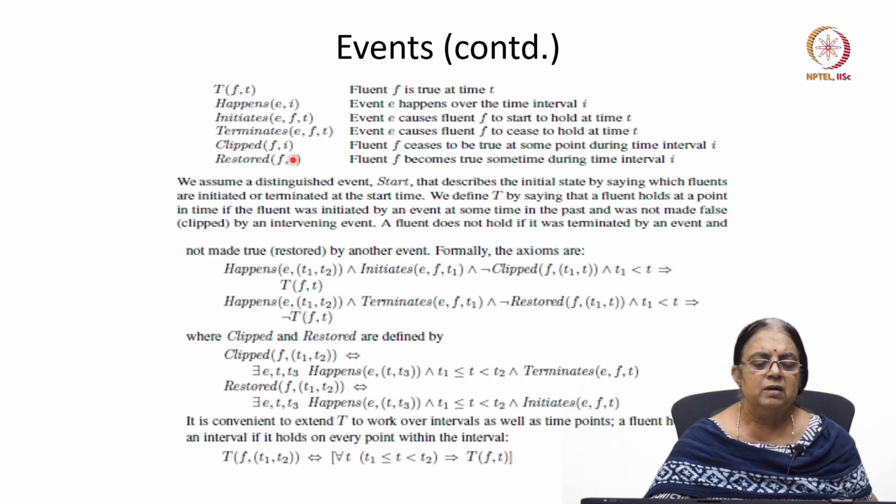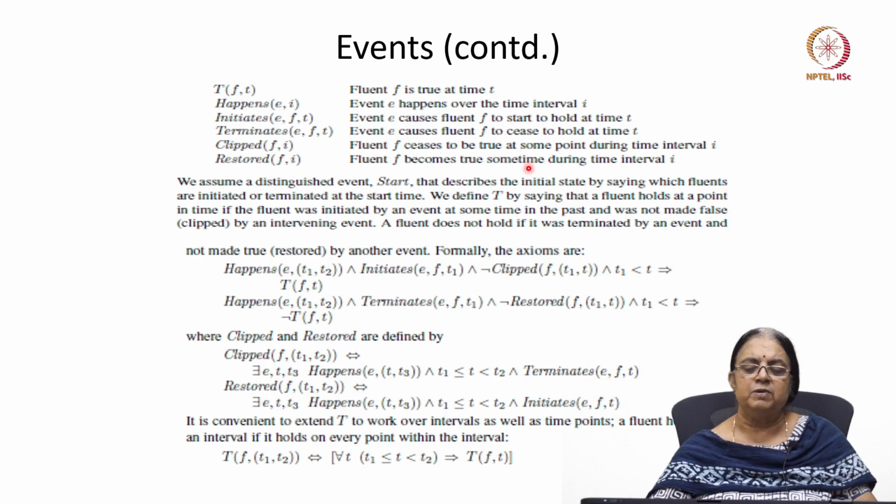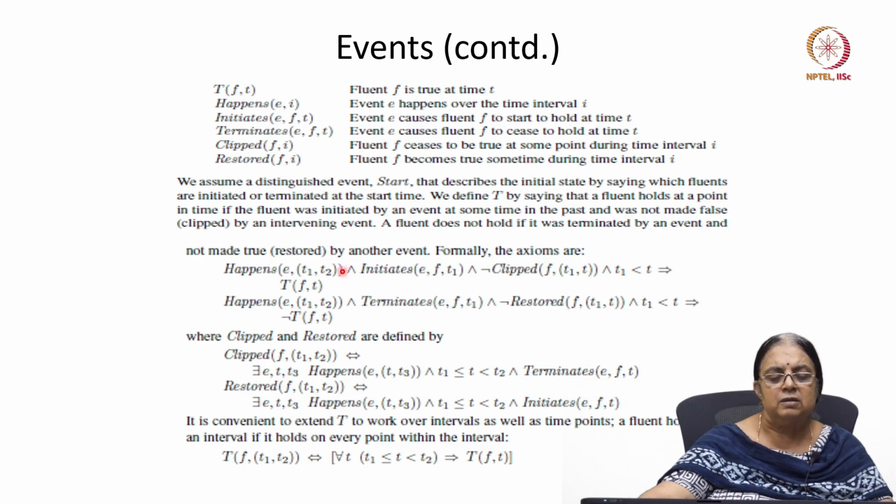Terminates(E, F, t) means event E causes fluent F to cease at a time t. Clipped(F, I) means fluent F ceases to be true at some point during the time interval I. Restored means it becomes true at some point in the interval I.